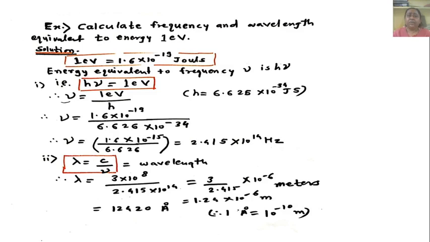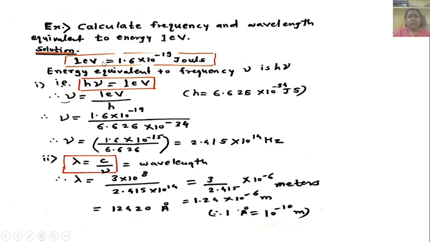Now next example: calculate the frequency and wavelength equivalent to energy 1 electron volt. Here we have to find the frequency and wavelength using the energy 1 electron volt.